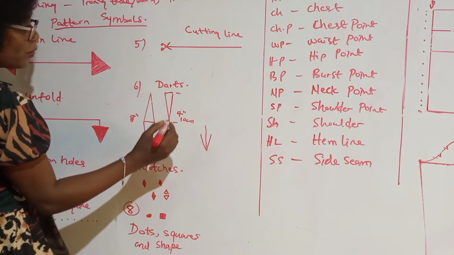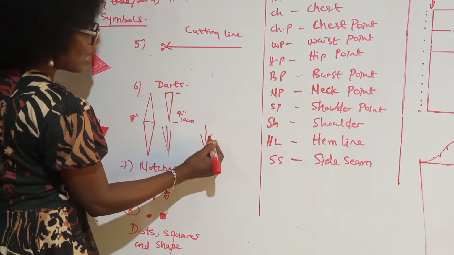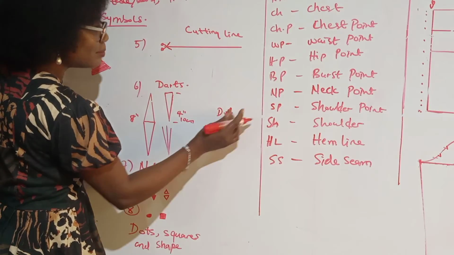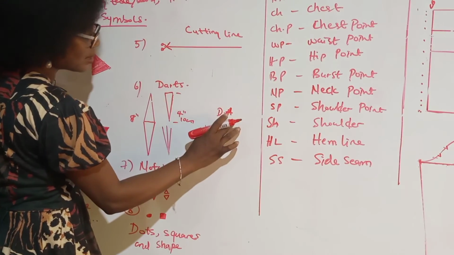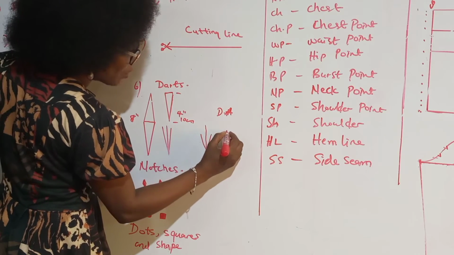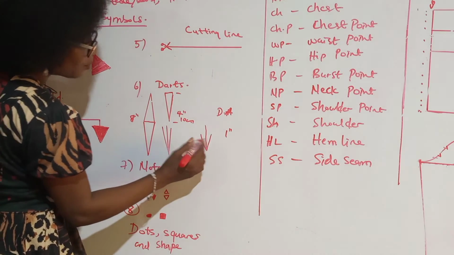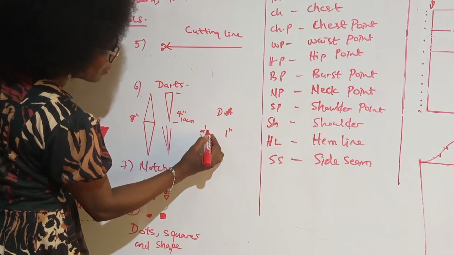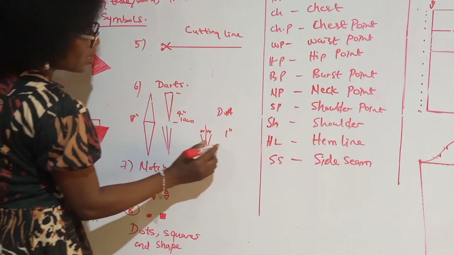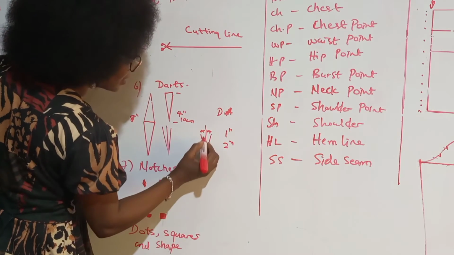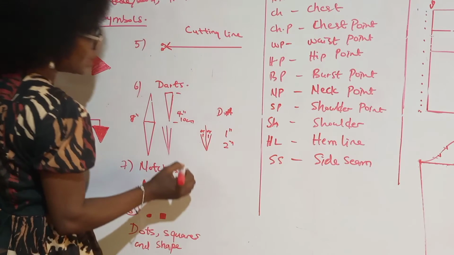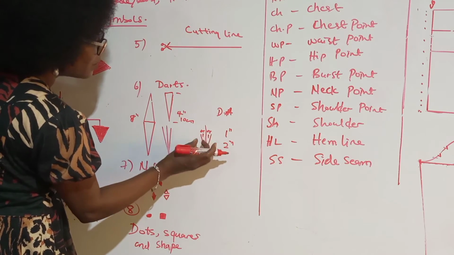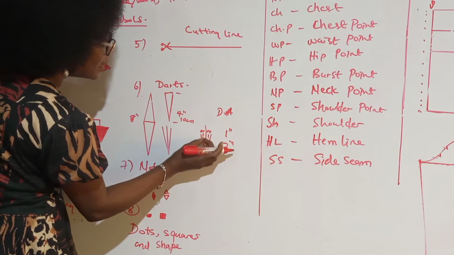So for example, if you want to make a skirt, at times you have to introduce that allowance. That is DA, the abbreviation for dart allowance. For example, if you are adding 1 inch dart allowance, it means you are going to share it on both sides. This place is going to be 0.5, this place is going to be 0.5. If you are adding 2 inches allowance, it means it's going to be 1 inch here, 1 inch here. So your dart must have a midline that helps you to divide whatever allowance you are adding into two.